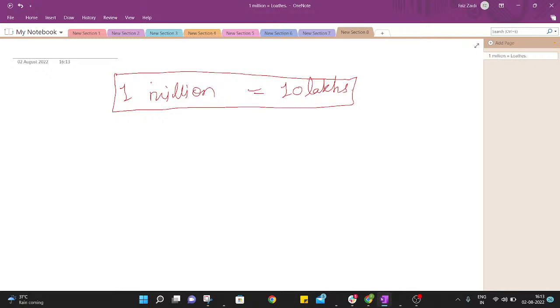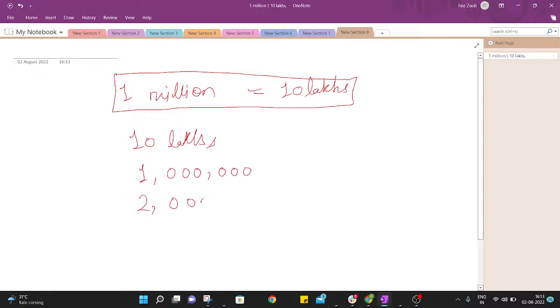Now we have to see what comes after lakhs. As you can see, numbers are becoming bigger and bigger. So now we have got 10 lakhs, and we can write it as 1 million. Just like we dealt with lakhs or 100,000, we are going to deal with millions. So this is 1 million, 2 million, 3 million, and so on.